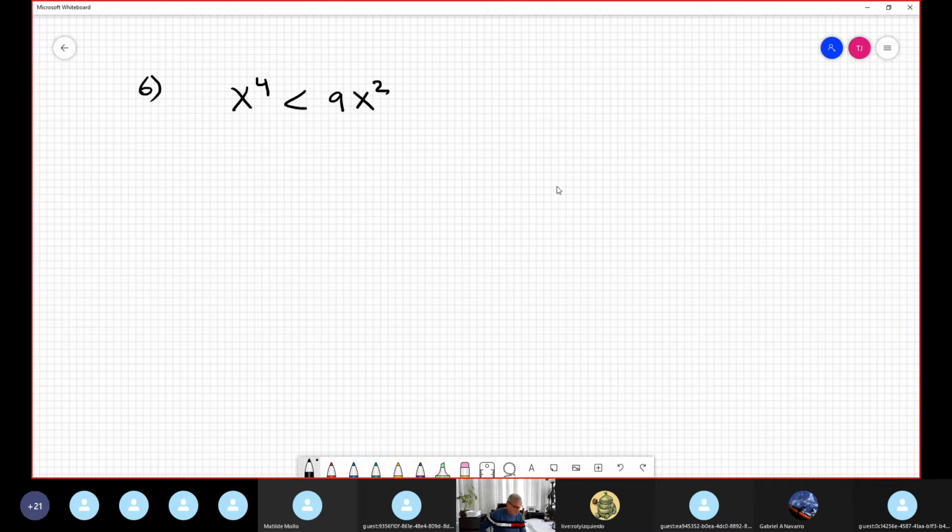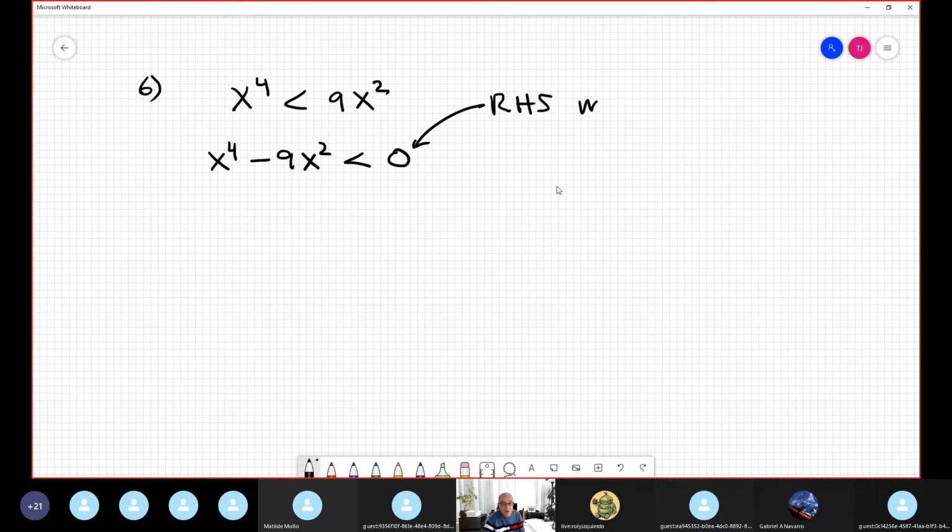Number 6, remember, you need to manipulate a little bit like that because it's mandatory that the right hand side of the inequality must be 0. Now factorization.